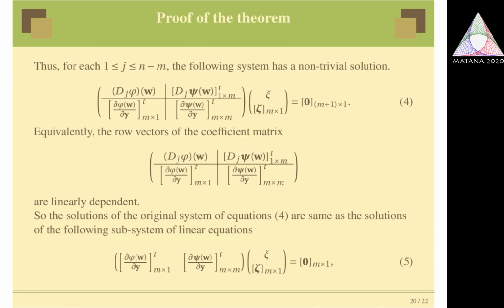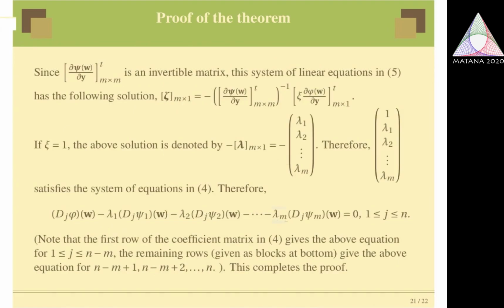Since the coefficient matrix of the system in the previous slide is singular, the coefficient matrix of the system in this slide is also singular. Therefore, the system of linear equations in equation number 4 has a non-trivial solution. In particular, dropping the first row, we get a subsystem of linear equations which also has a non-trivial solution.